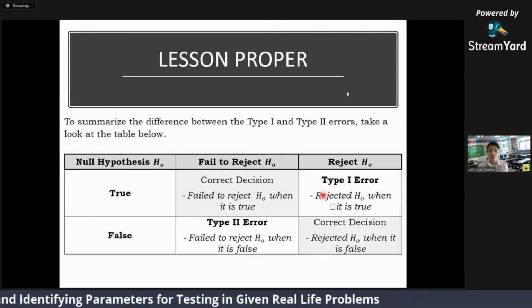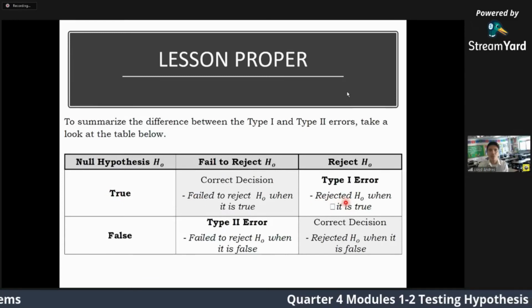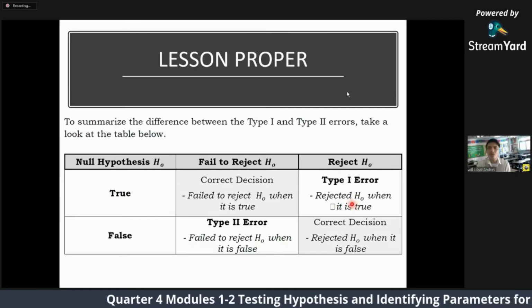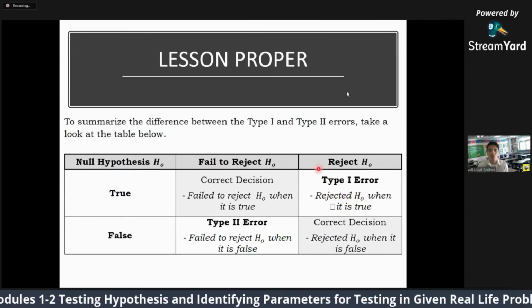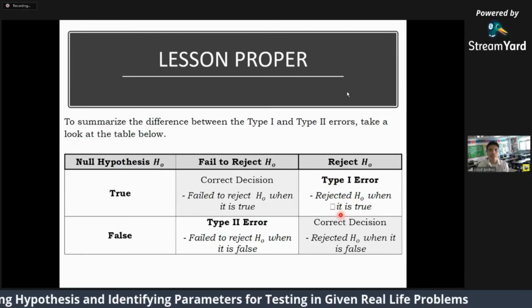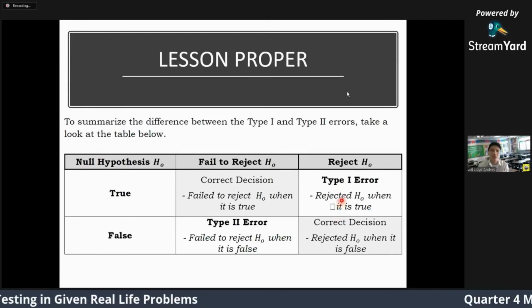So na-reject nimo si null hypothesis, where in fact ang tinuod dito is walay kausaban, pero gi-reject man nimo, meaning gi-follow nimo nga naay nausab. Dako ang kausaban kumbaga. So error na to. Posible na timingan lang ang imong nakuha nga sample is katulong mga addict gyud og internet. So that's type 1 error.